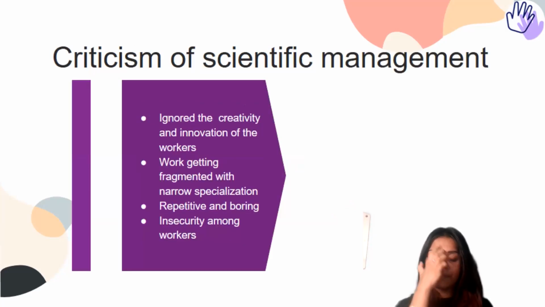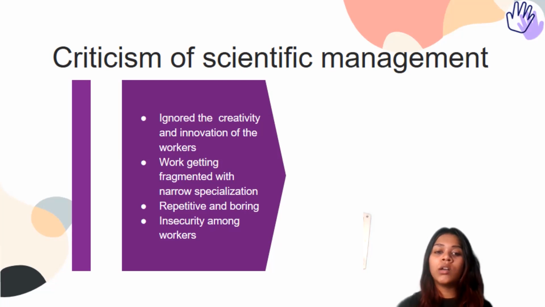So, criticism. Despite all that, scientific management faced certain criticism, like everything. The very first one is ignoring the creativity and innovation of workers. Scientific management insisted on one way of doing the job, so that ignored the creativity and innovations that workers can bring while doing the job.